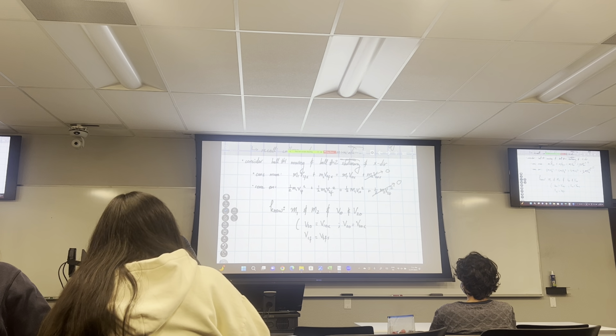This is true for elastic collisions. For elastic collisions only. Because we derived this expression based on the assumption that conservation of energy is true.